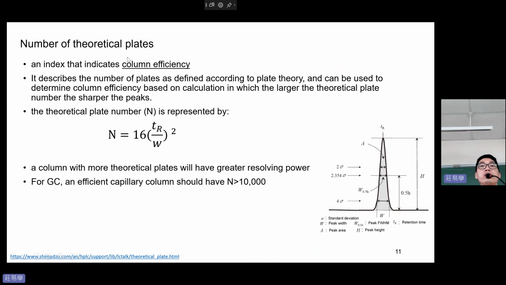Sometimes we use N as the number of theoretical plates, the N of your column. N, the number of theoretical plates, is actually an index that indicates column efficiency.